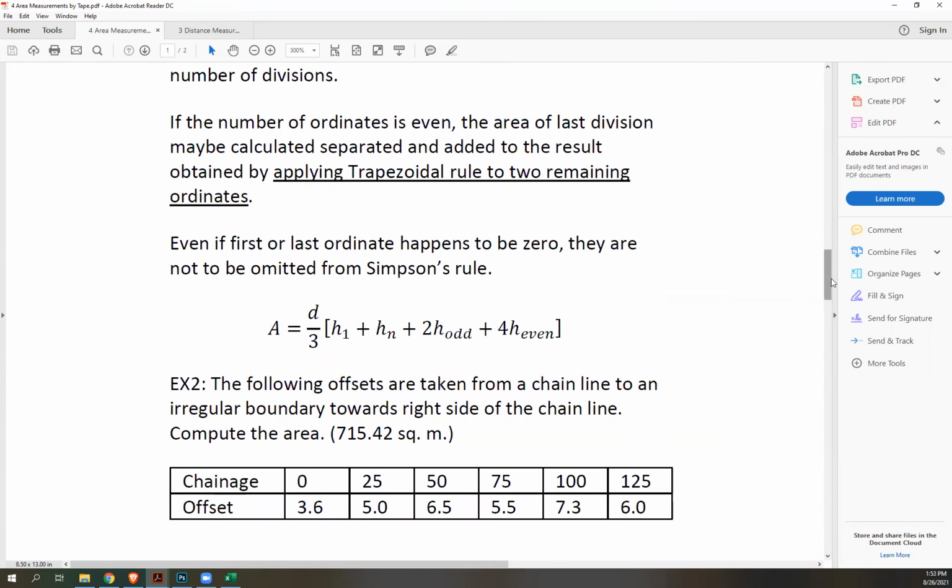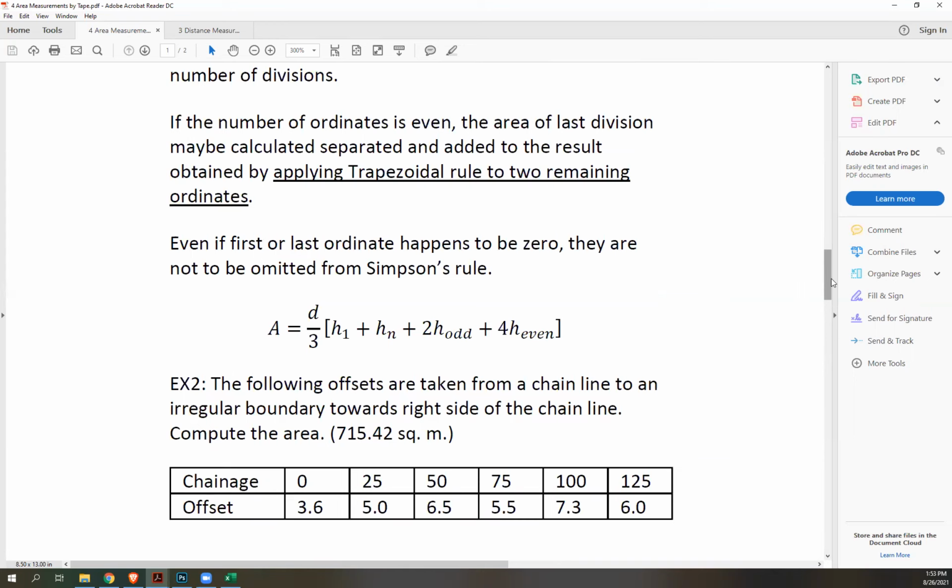It's d over 3 times h1 plus hn plus 2 h odd plus 2 h even. H1 is the first offset. Hn is the last offset for your Simpson's 1/3 rule. H odd is offsets at odd intervals, and H even is offsets at even intervals.